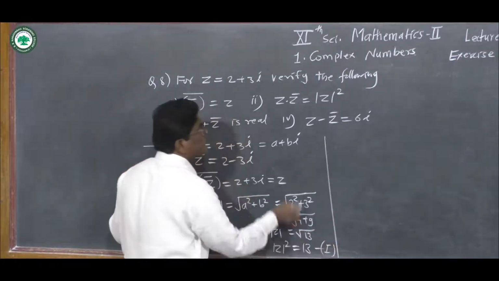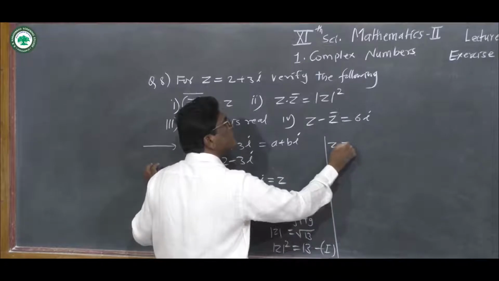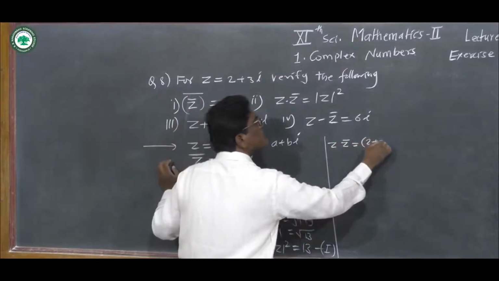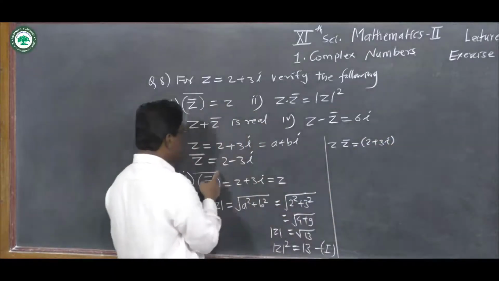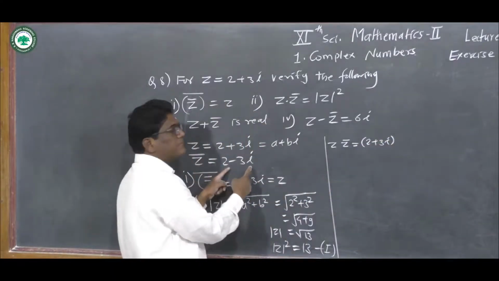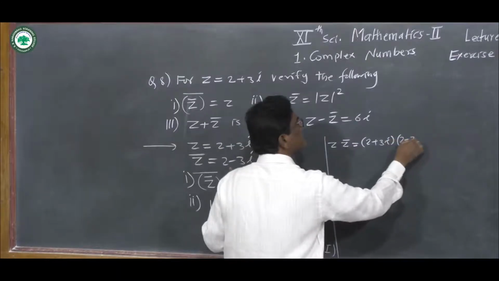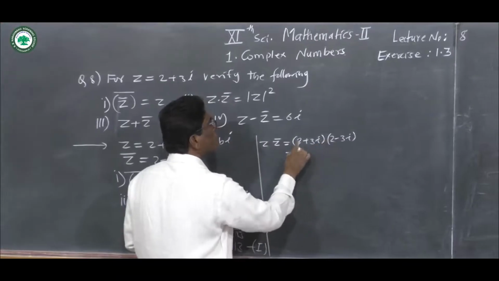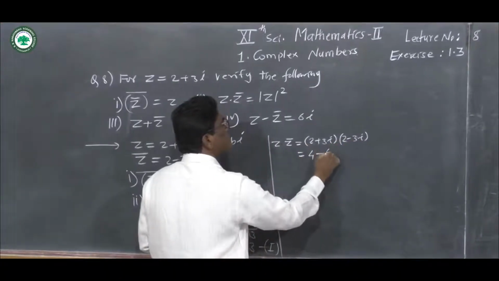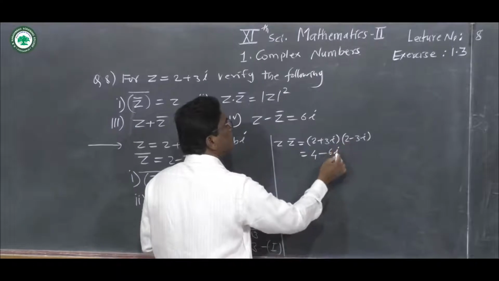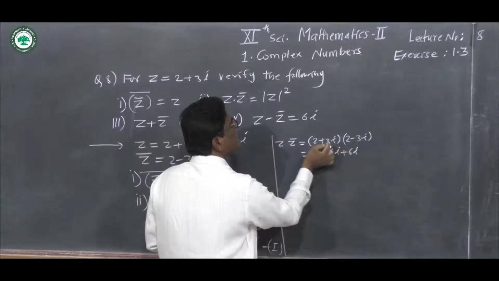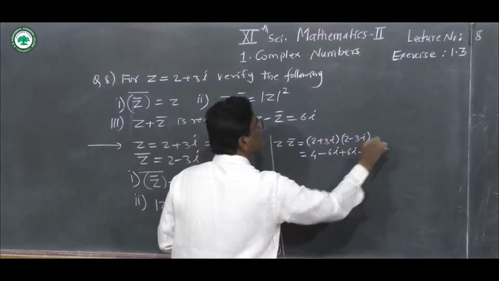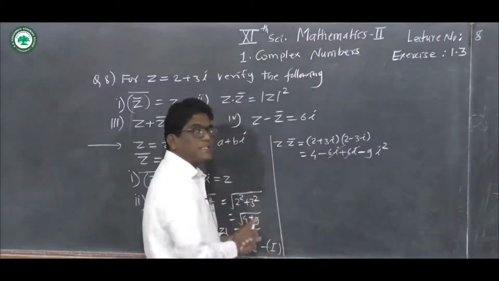Now we find Z into Z bar. Z is 2 plus 3i and Z bar is 2 minus 3i. Take the product. 2 into 2, 4. 2 into minus 3i, minus 6i. Now plus 3i into 2, that is plus 6i. Then 3i into minus 3i, minus 9 i square. The minus 6i and plus 6i get cancelled.